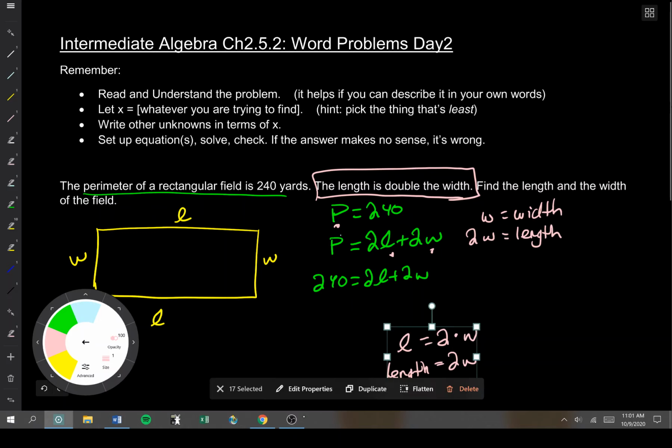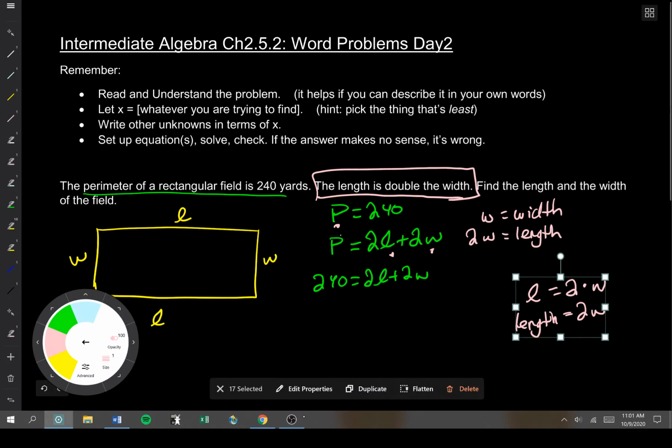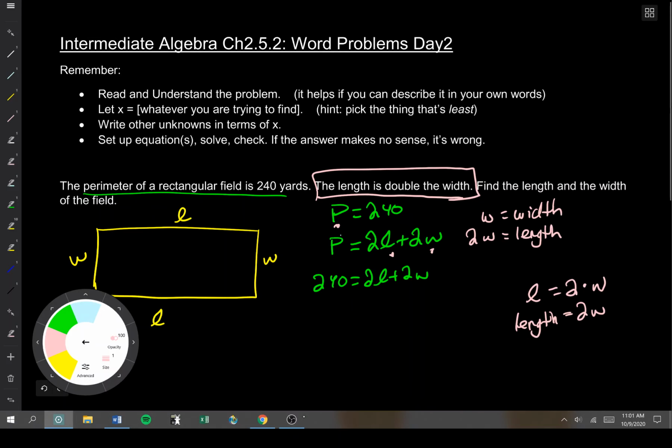Suddenly I can do a little bit of substitution, right? I know that this L is actually 2W because the length is 2W. So I can write the equation 240 equals 2 times 2W plus 2W. And suddenly I have an equation with just one variable.